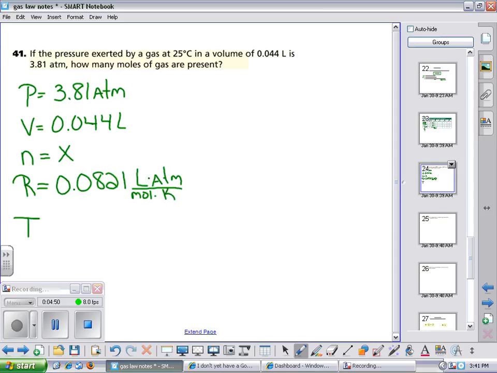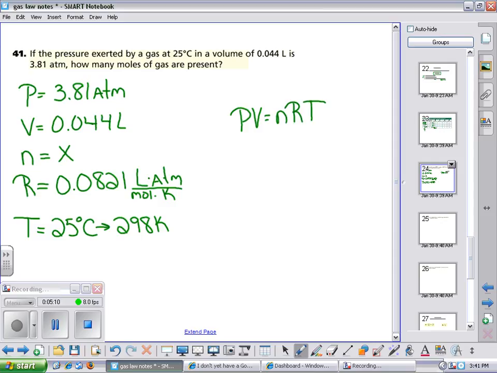And then the temperature is 25 degrees Celsius, which will change to Kelvin, and that's 298 Kelvin. Our equation is PV equals nRT.